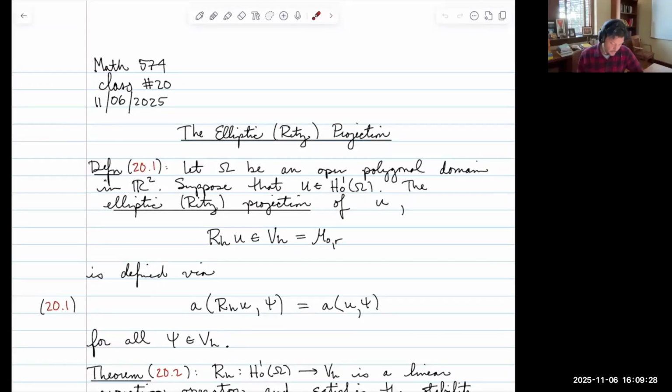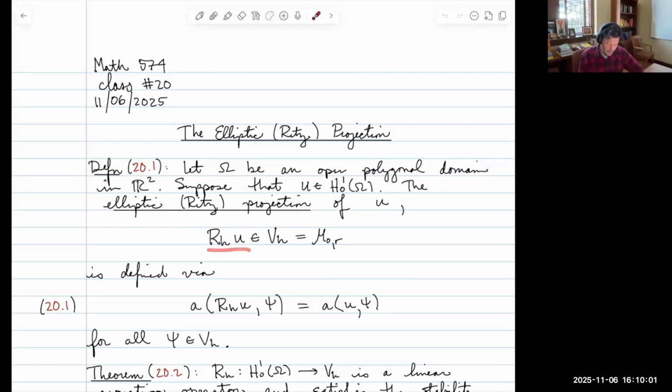The elliptic or Ritz projection of u, denoted R_h u, is a function in V_h. In this case, we're going to take V_h to be the standard finite element piecewise polynomial space, M_0^r. The zero indicates that we're enforcing zero boundary conditions for the functions.